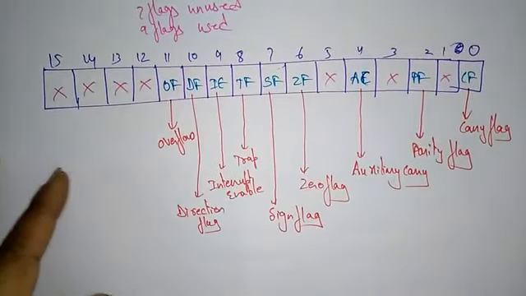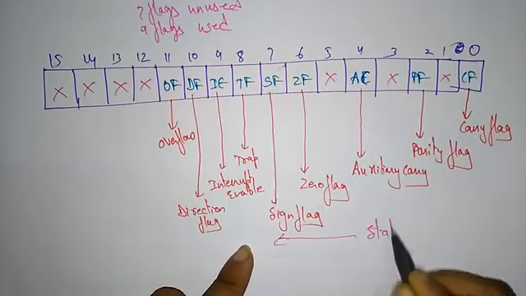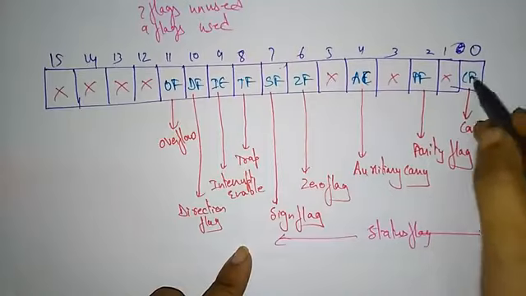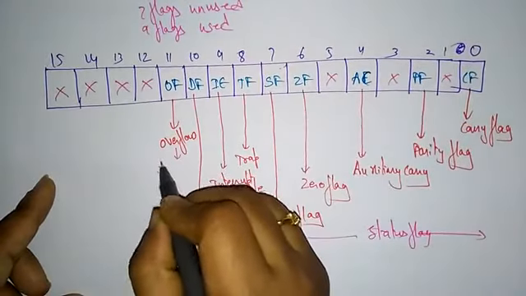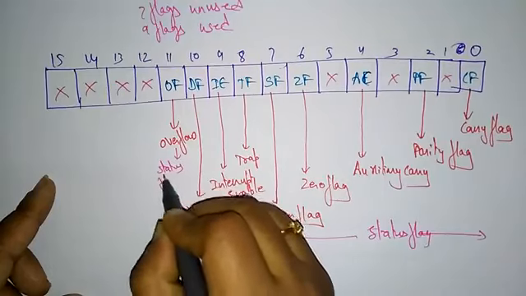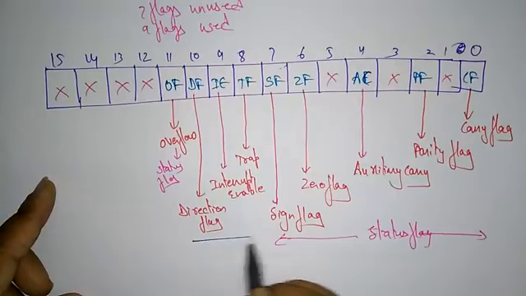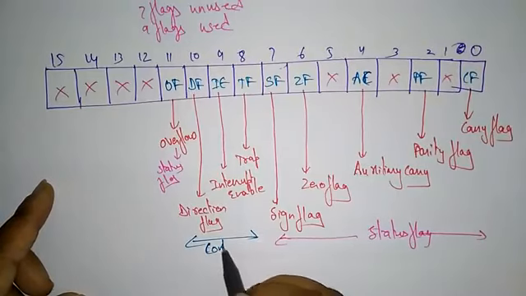Okay, so up to here, these are all status flags: 1, 2, 3, 4, 5 and this one is also a status flag. And these 3 you call the control flags.